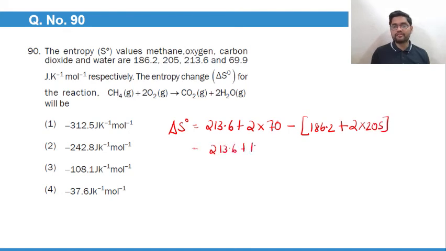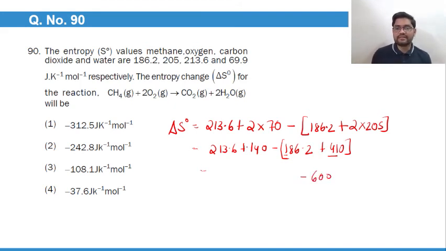So 213.6 plus 140, minus 186.2 plus 2 fives are 10, 410. So this is 400 and 500, 500 and then 600 approximately. This is approximately 600. And over here it is 300 and 28.